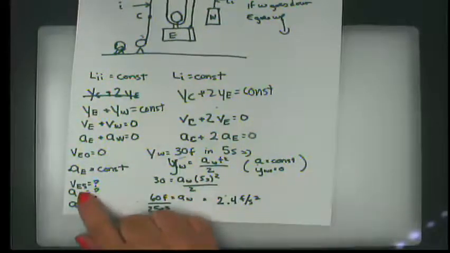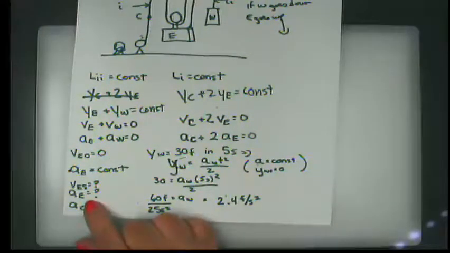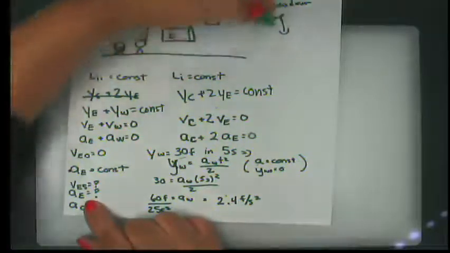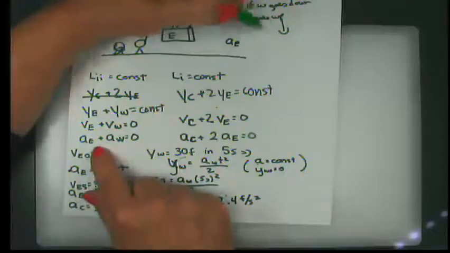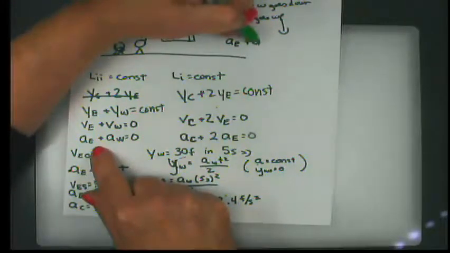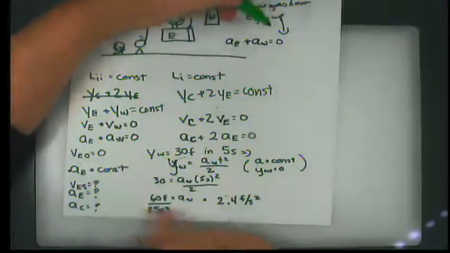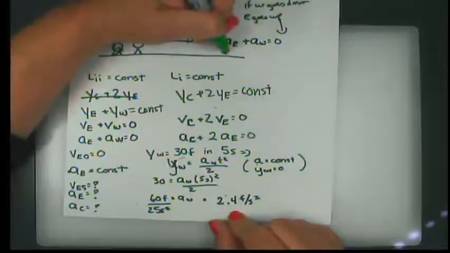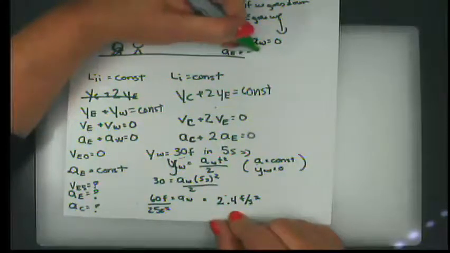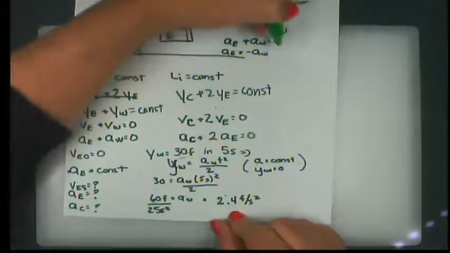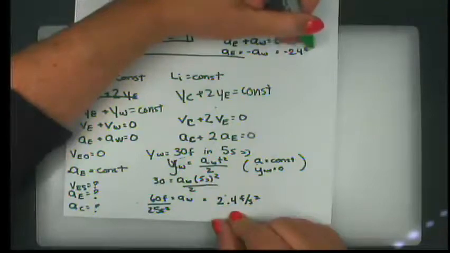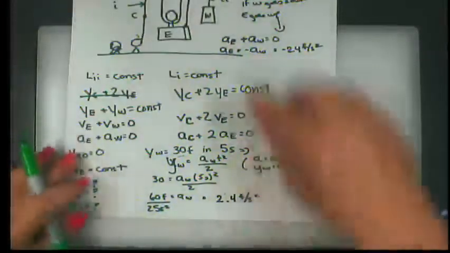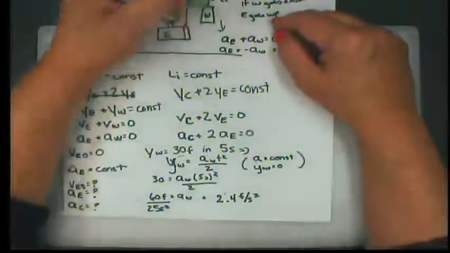So one of the questions it asks is, what is the acceleration of E? Well, I know that the acceleration of E plus the acceleration of W is equal to 0. I know then the acceleration of E equals minus the acceleration of W. So that means it's going to equal negative 2.4 feet per second squared, if I call this positive.